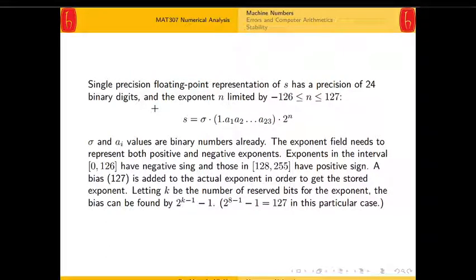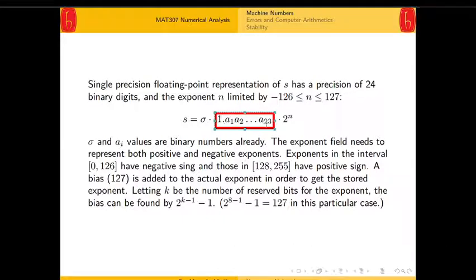So the single precision floating point representation has a precision of 24 binary digits in the mantissa, because in the binary system, in the unique representation, this was always 1, and we have 23 bits allocated for the mantissa. This will be an extra 1, which is an elegant way to construct the numbers.